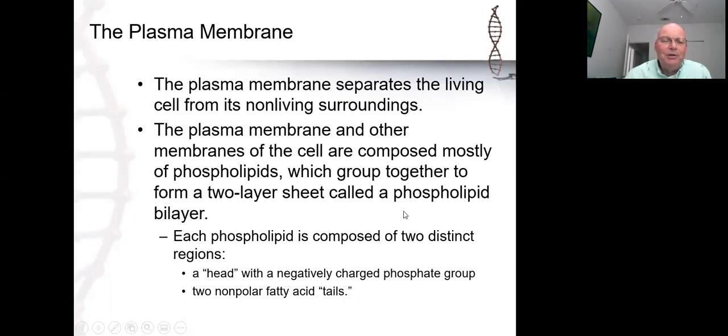The hydrophobic region is represented by the fatty acids that are a part of the lipid structure, and the hydrophilic region is represented by the attached phosphate group and another organic group that is a non-fatty acid group that is also charged. So you've got a charged region and an uncharged region.